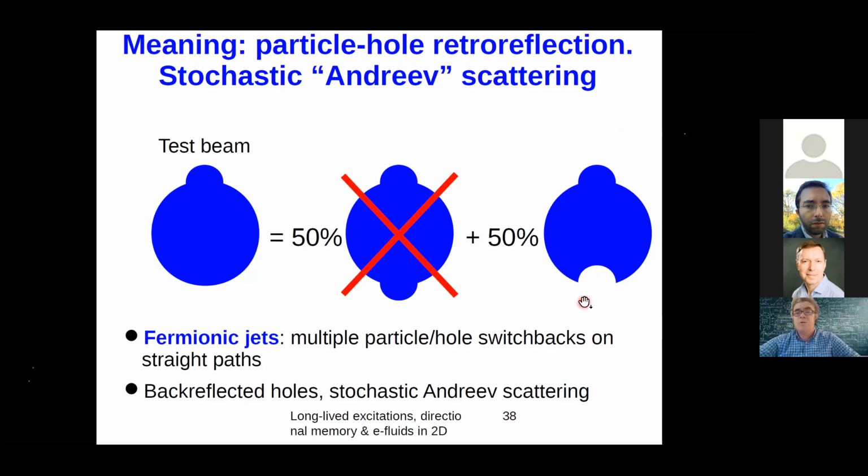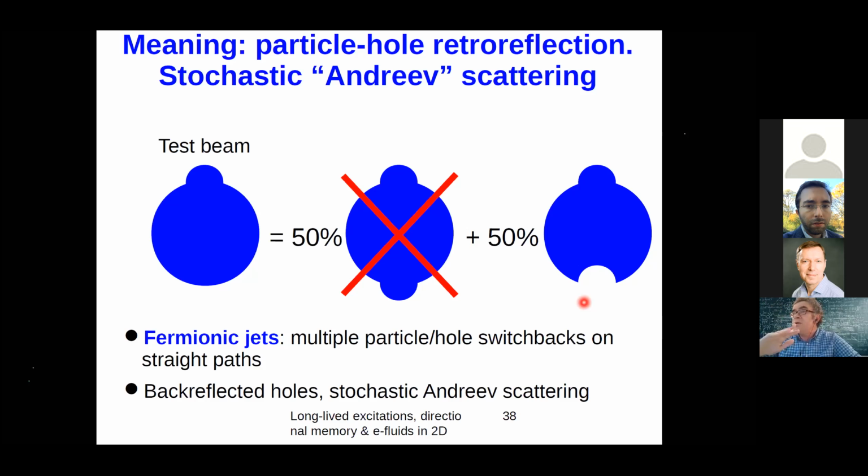So the sequence of collisions will produce a sequence of switchback processes in which particles transform into a hole and the hole into a particle, and so forth. And that would happen indefinitely if there was no slow angular relaxation.